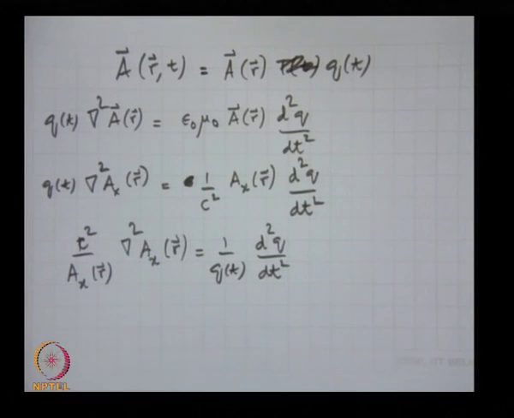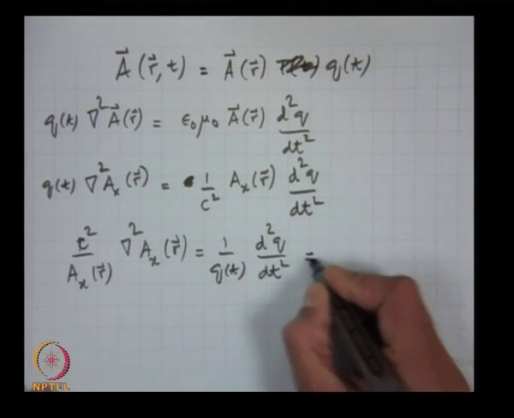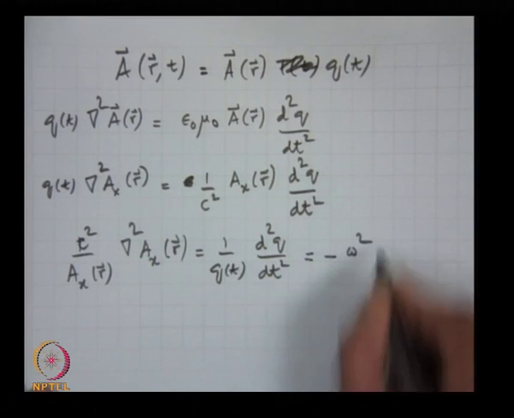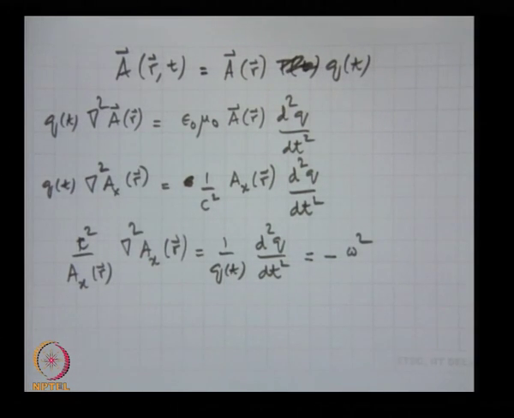So the space and time dependencies have separated out, and because this equation has to be valid for all space points and all times, this must be equal to a constant, and that constant I choose as minus omega square, so that the time variation is harmonic and not exponentially amplifying and decreasing.